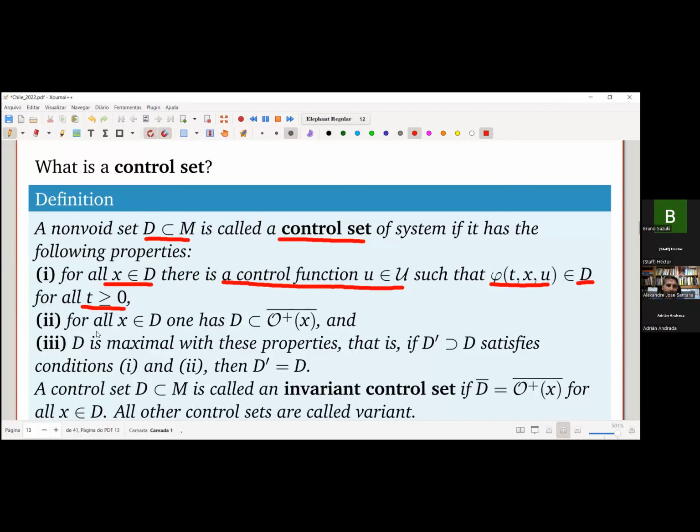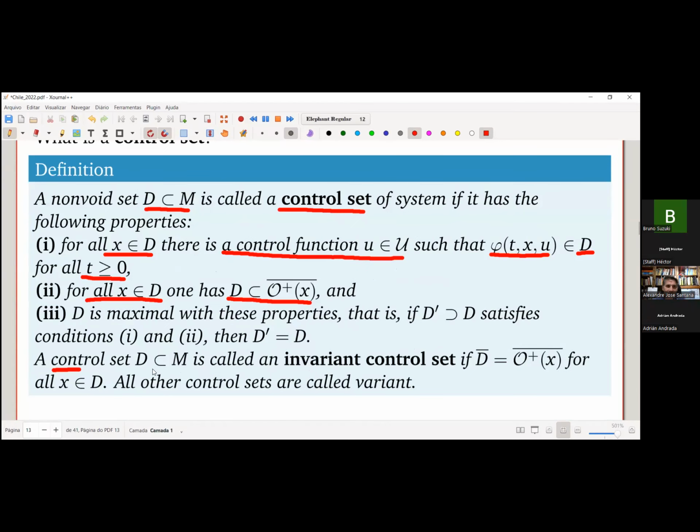The second condition says that for all x in D, D is in the closure of the positive orbit. And the third condition is just a technical condition, which says the maximality of these two previous properties. A control set D is called an invariant control set if you have the equality between the closure of D and the closure of the positive orbit.